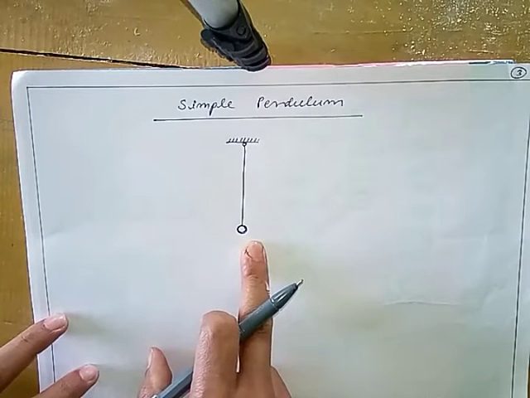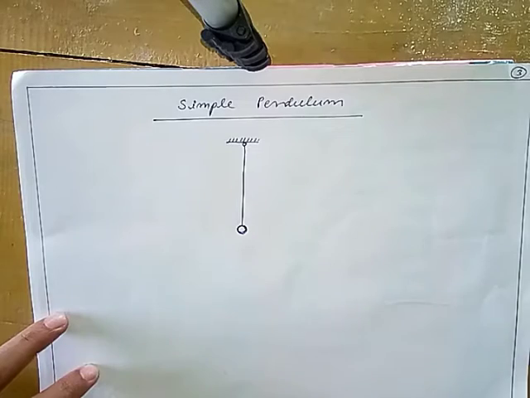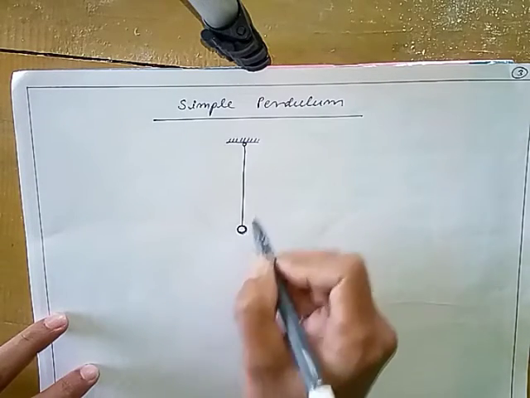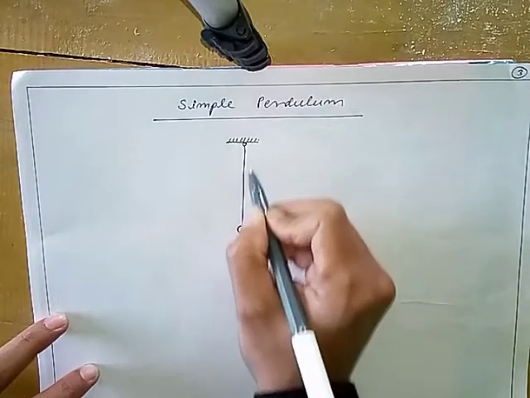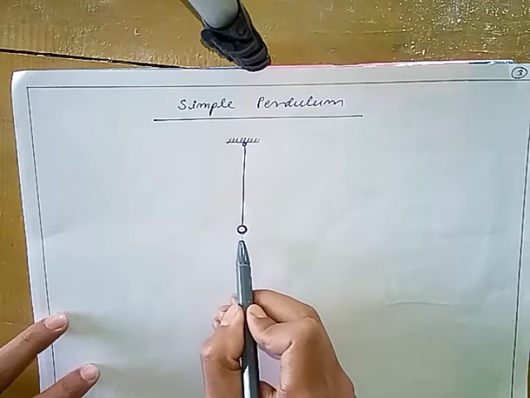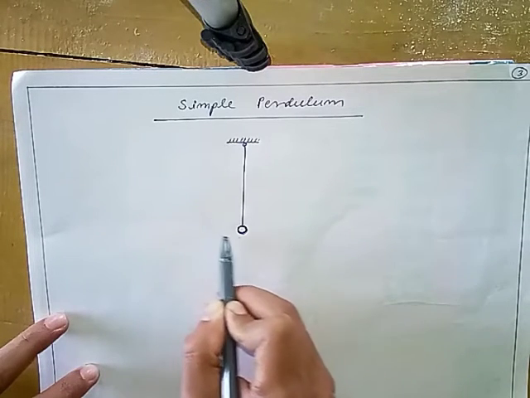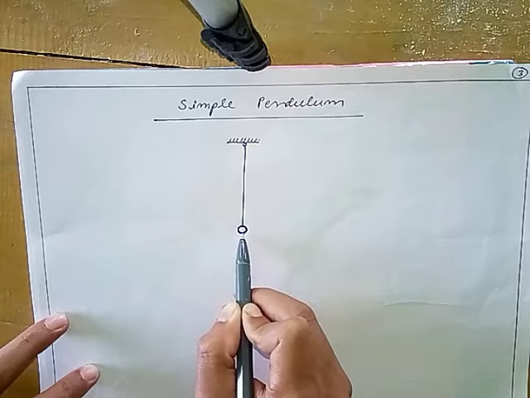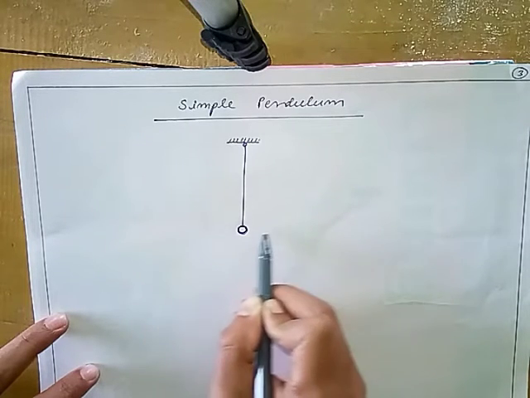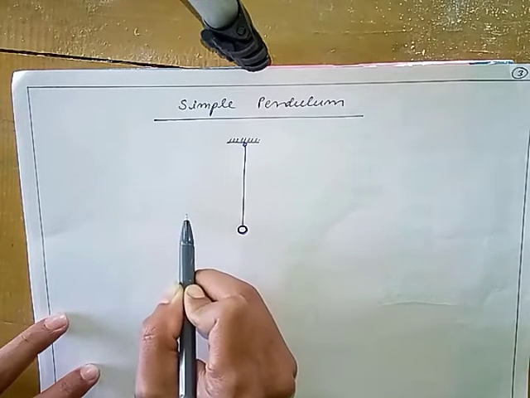So what is a simple pendulum? A simple pendulum is a metallic ball suspended by a long thread at a fixed point, and this ball can move to and fro like this. If you displace the position, then it can move like this. To and fro motion is seen in a simple pendulum.